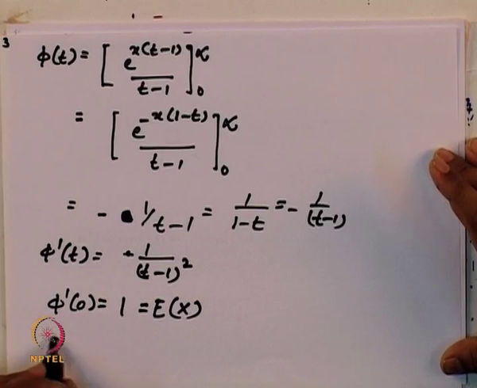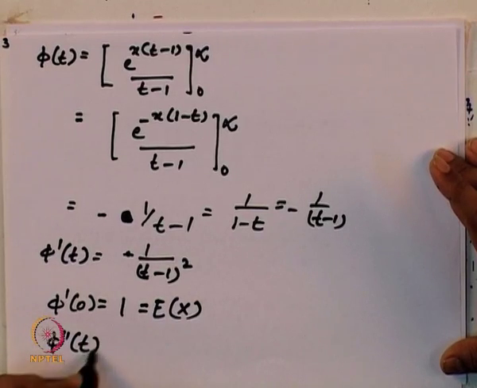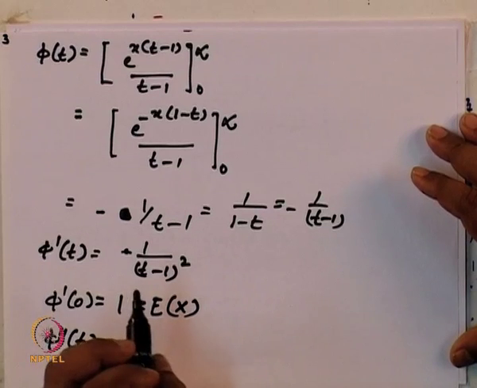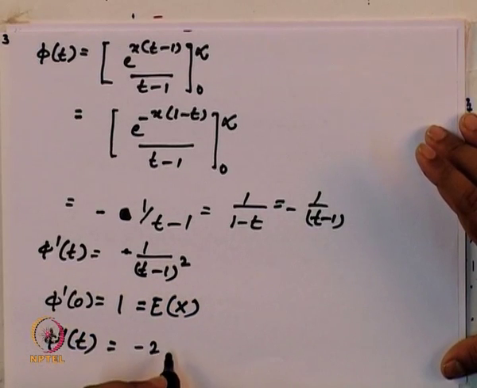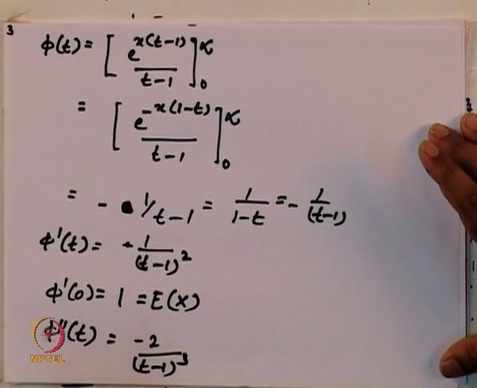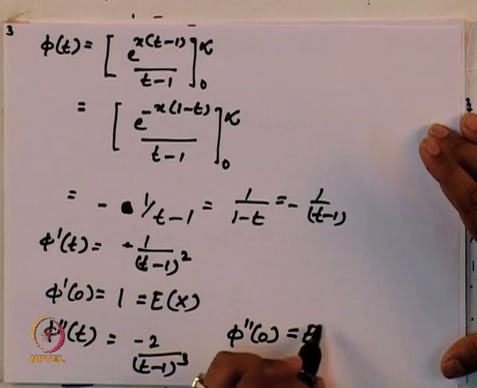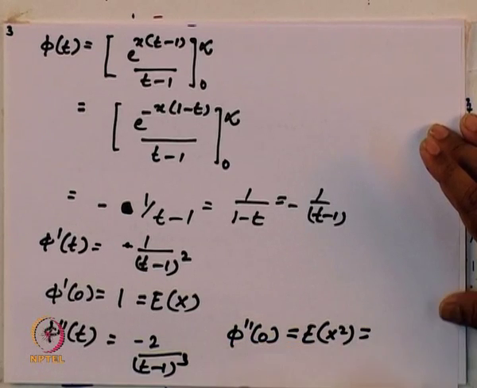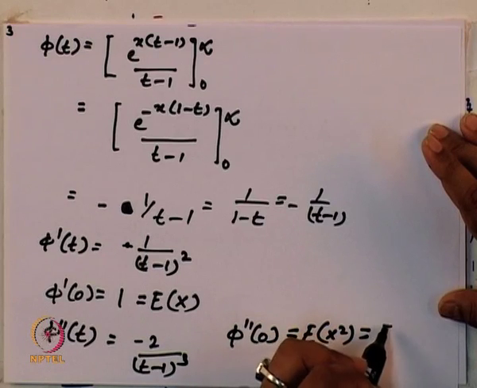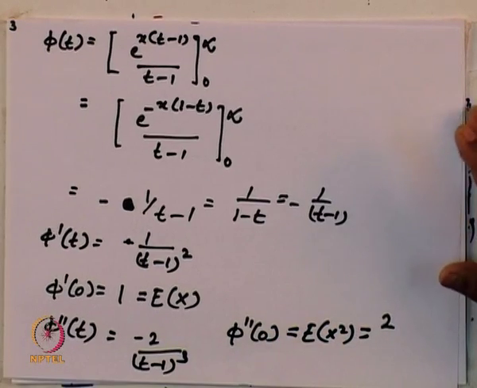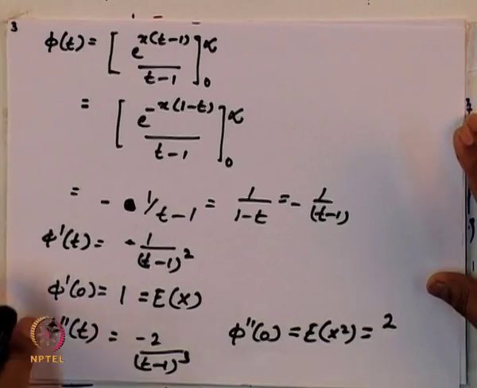Okay. So, I can accordingly find phi double prime of t, which is equal to minus 2 by (t minus 1) whole cubed. Okay. So, phi double prime of 0 is equal to 2. Okay. This will return me a value of 2.